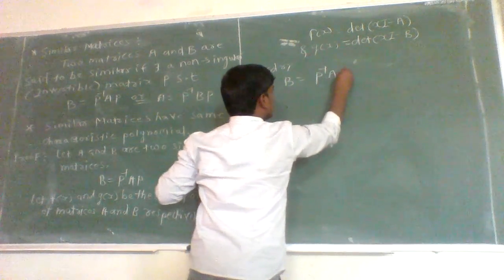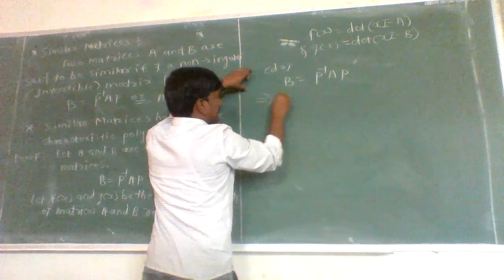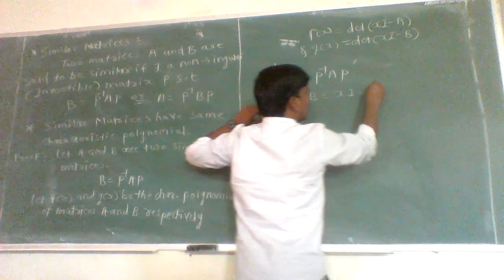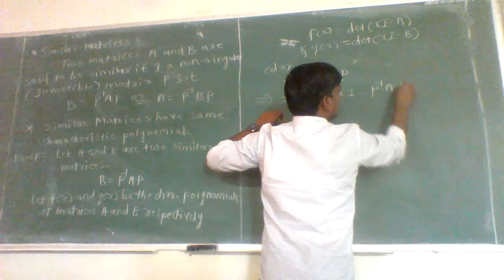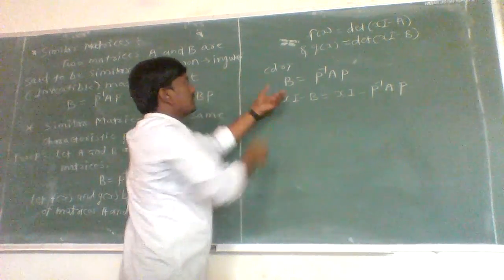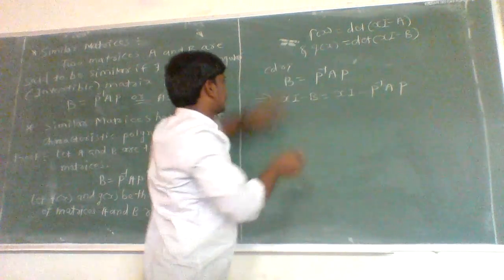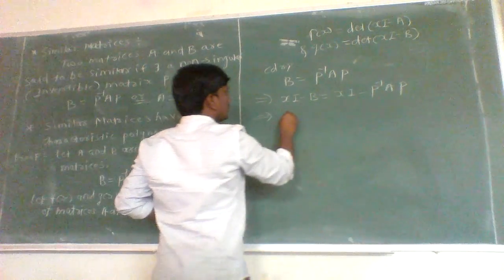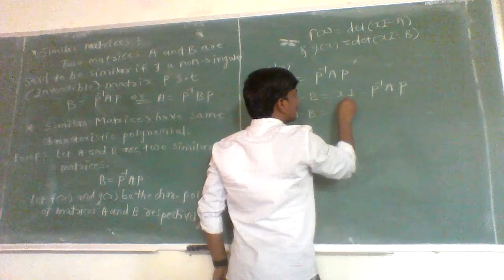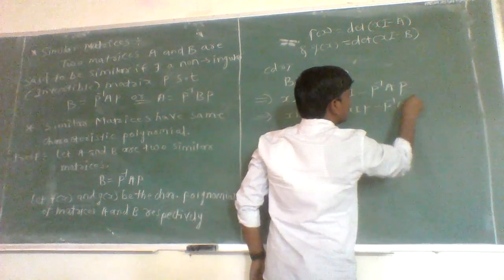This implies xI minus B is xI minus P inverse AP, where this I is the identity matrix of order equal to the order of matrix A. Which is nothing but P inverse of xI into P minus P inverse AP.